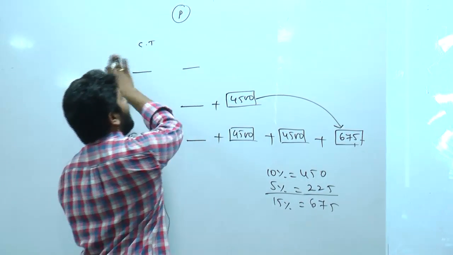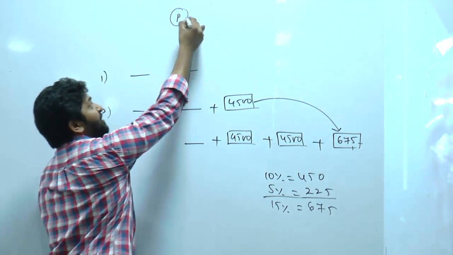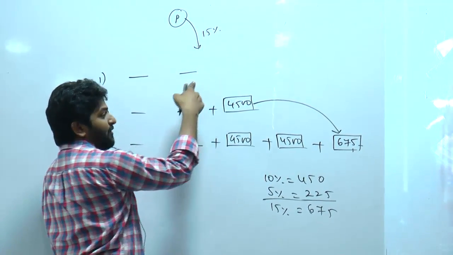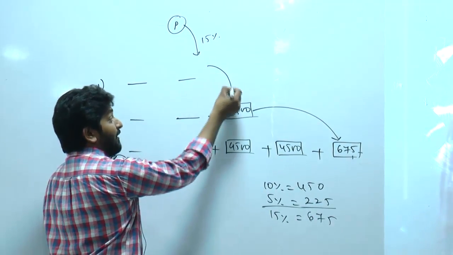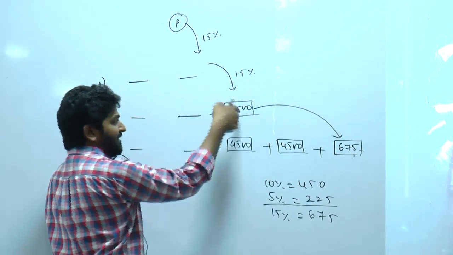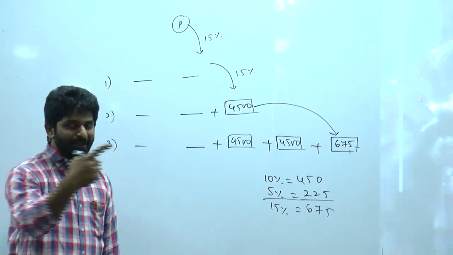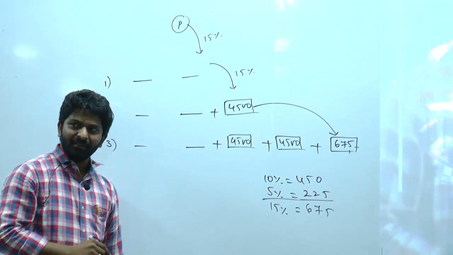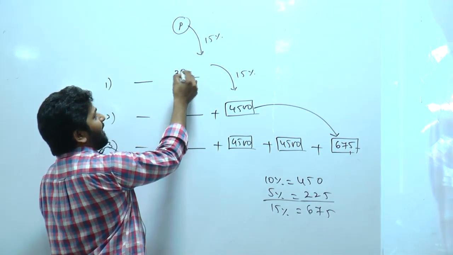Right. Now, can you tell me what is the reason for getting some number here? Which is 15% of principal. What is the reason for getting 4,500? 15% of this number. If 15% is 4,500, 10% is 3,000, right? Yes or no? If 10% is 3,000, total value will be 30,000.